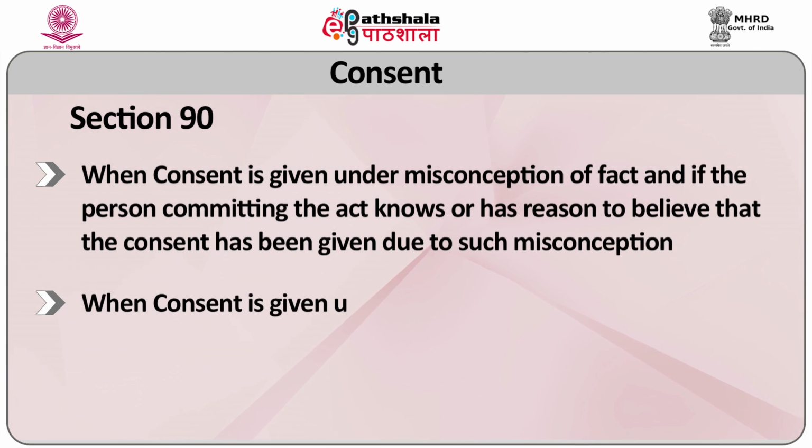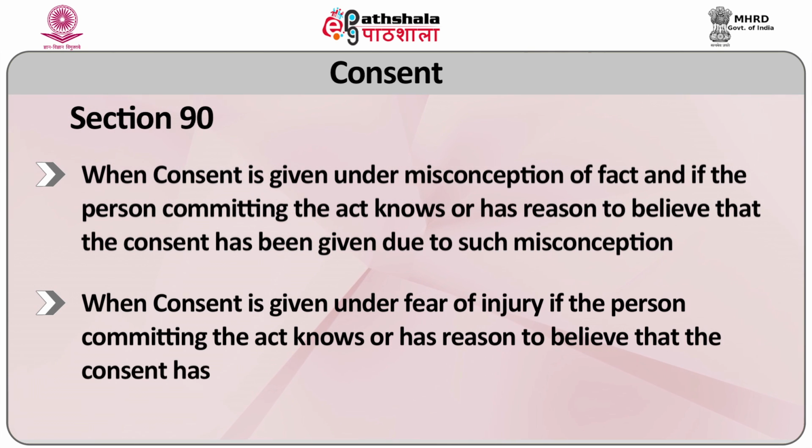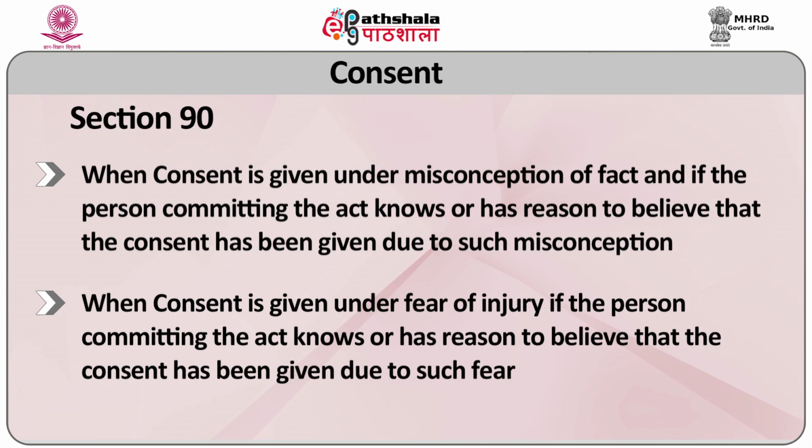When consent is given under fear of injury, if the person committing the act knows or has reason to believe that the consent has been given due to such fear.